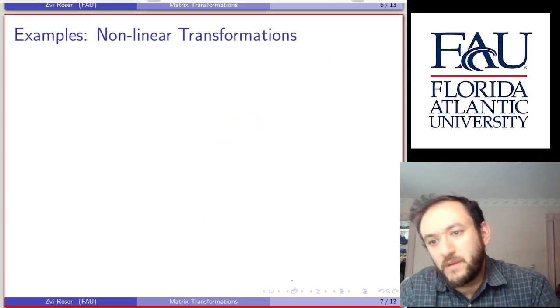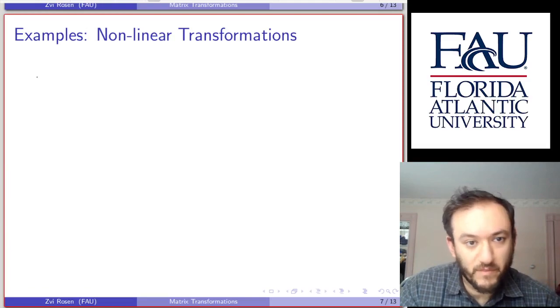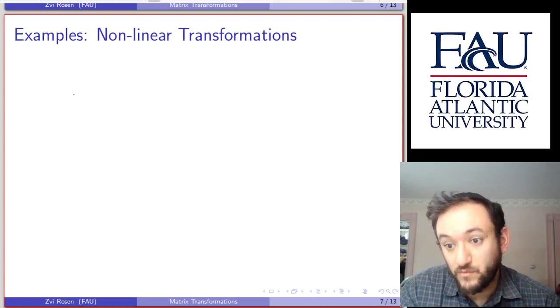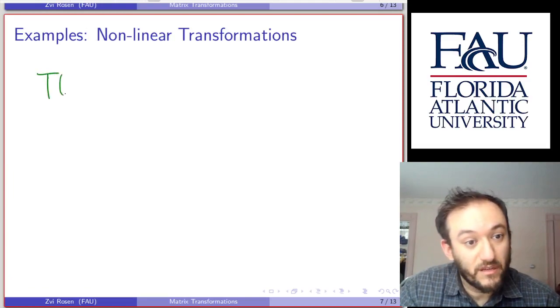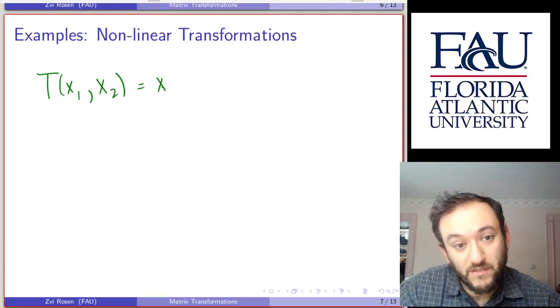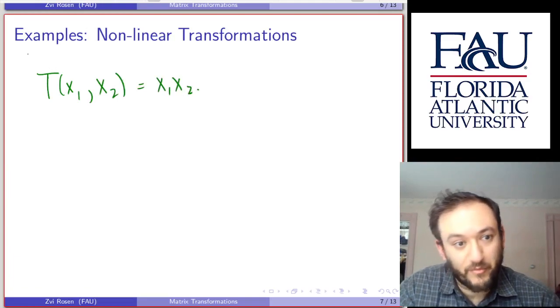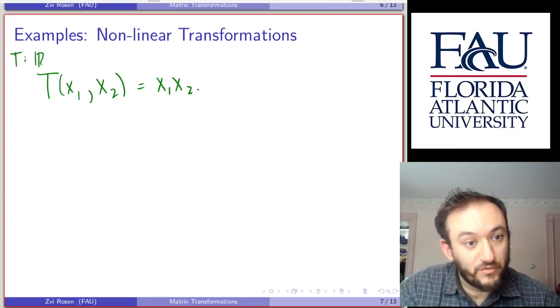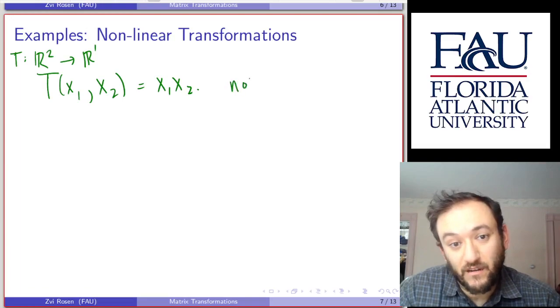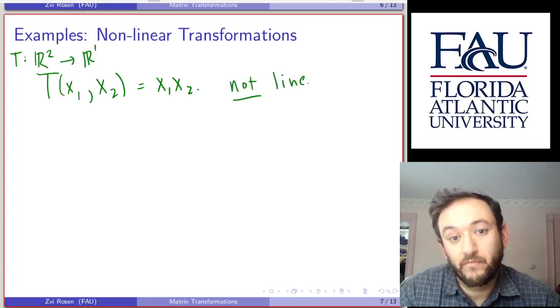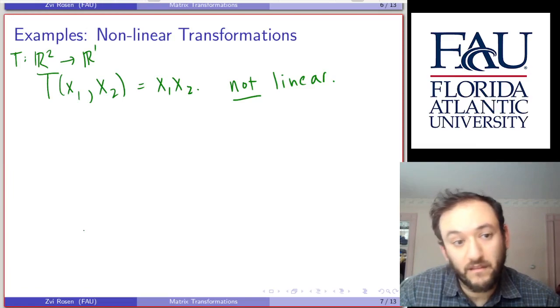But not all transformations are linear. Some examples of nonlinear transformations are the ones we saw earlier, multiplying things together. So T of x1, x2 equals x1 times x2. This would just be a map from R2 to R1. So this is not linear. How can we tell?